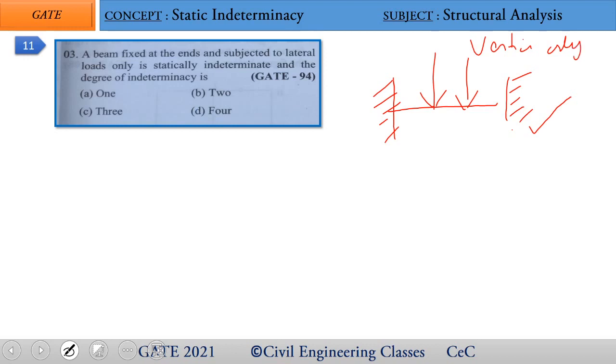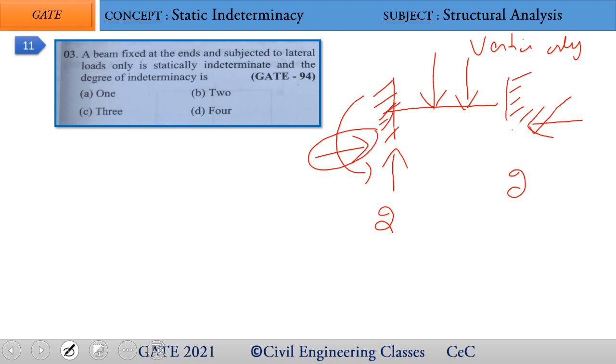So in these cases there is no horizontal loading. If there is no horizontal loading, there won't be any horizontal reactions also. So in this case we can count only the two reactions at the fixed supports. Basically there are three reactions, but here we are skipping the horizontal reaction because there is no horizontal load. So we have two unknowns here.